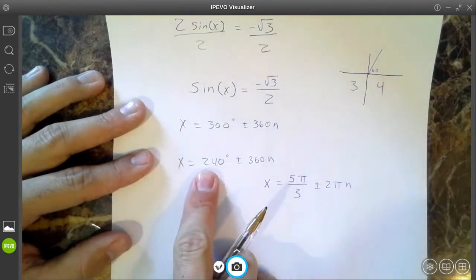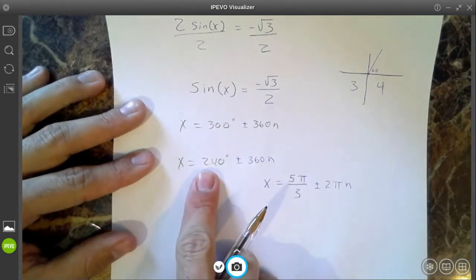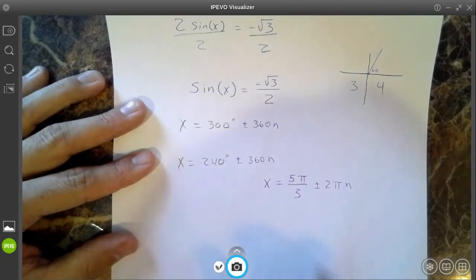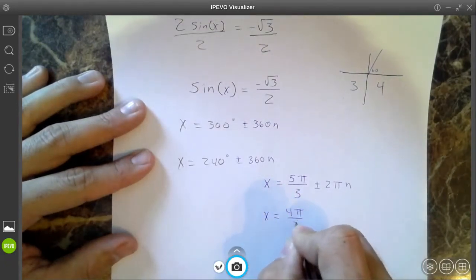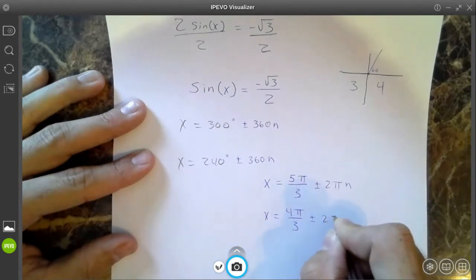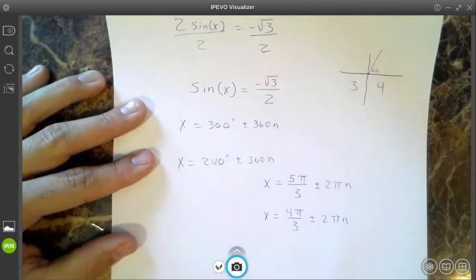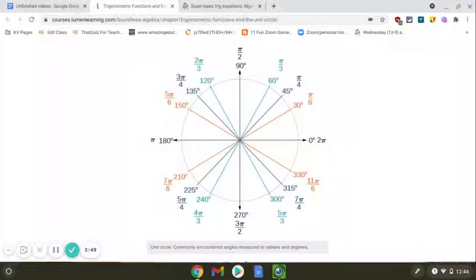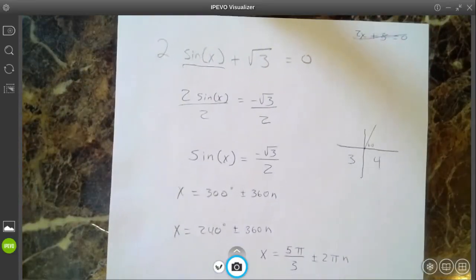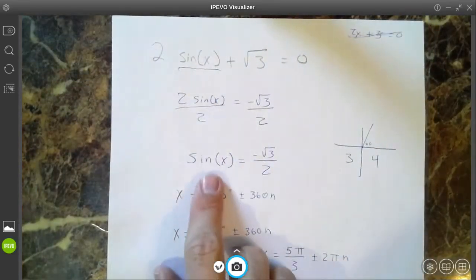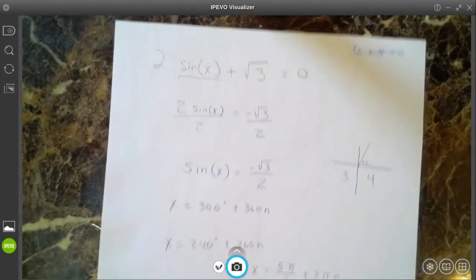And then for the 240, that's going to be 60 degrees off of this one, so that would be 4 pi over 3 plus or minus the 2 pi n. Yep, 5 pi over 3 and 4 pi over 3. Good, so we got that one out of the way. We just solved for this sine of x part first. That's what we had to do there.